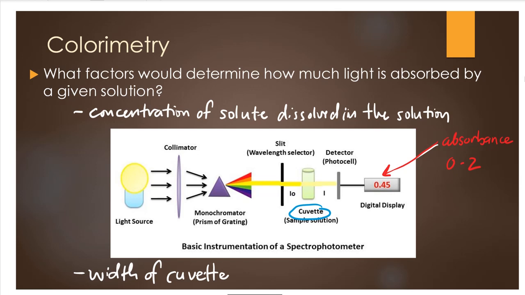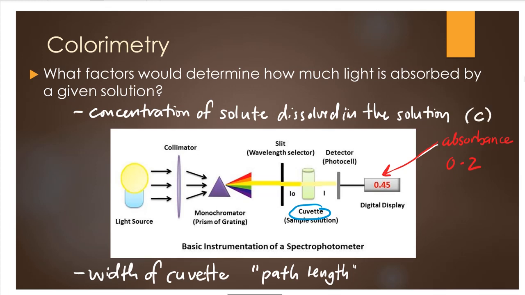If the cuvette is wide, then obviously the light is passing through more of that solution, and more of the light will be absorbed. So we have to know the width of the cuvette, and we call that the path length. In other words, how long is the light's path through the solution? So path length. Concentration in our problems we'll abbreviate as C.